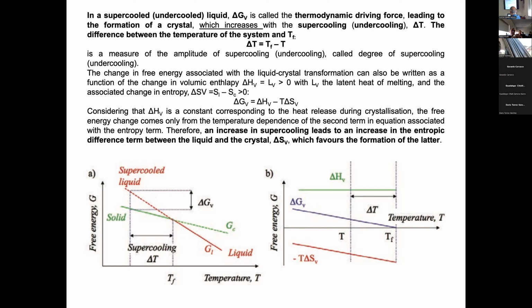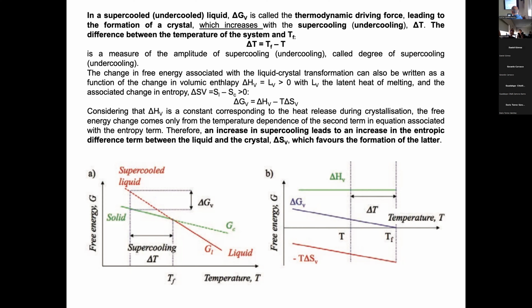The delta GV can be written, just to be simple, in this way, where you consider the enthalpy, the temperature and the entropy. If you look at this diagram, you see that here you have the Gibbs free energy, and this is the temperature. Moving from above the liquidus to below the liquidus, the enthalpy will remain constant because you have the latent heat of crystallization.